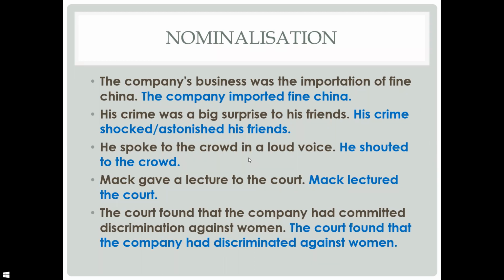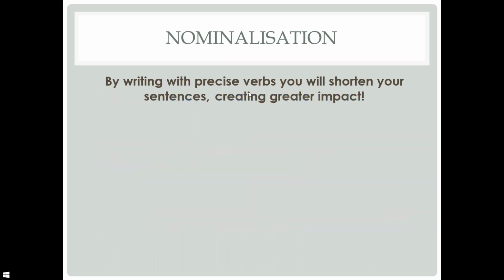But the court found the company had discriminated against women. Now, I've only cut out one word, committed, right? But it's cut the sentence down by 9%. So by writing with precise verbs, you'll shorten your sentences, creating greater impact. So again, I'm going to send you a little exercise on that.